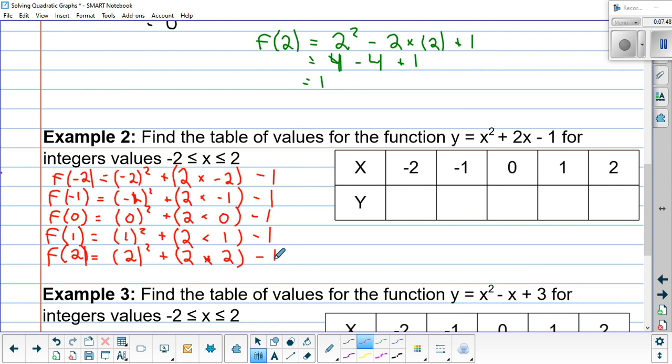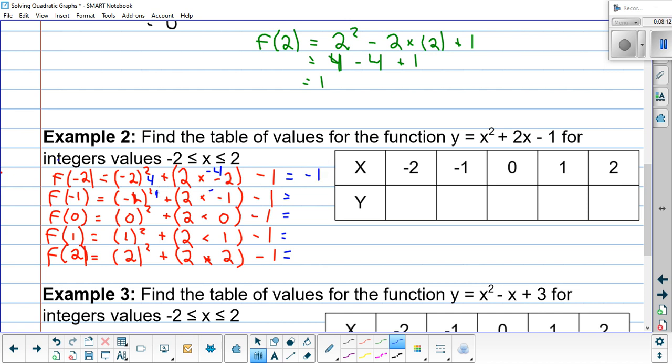So here, let's just solve these out. I don't have that much room, so I'm going to do -2 times -2 is 4. So this is 4. And then this is -4. So 4 minus 4 is 0. This is -1. So here, this is 1.